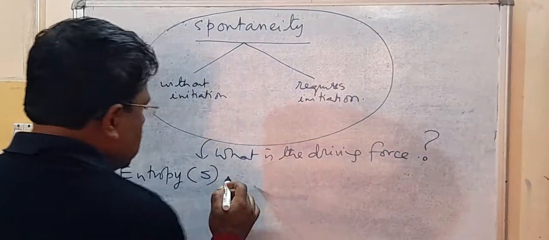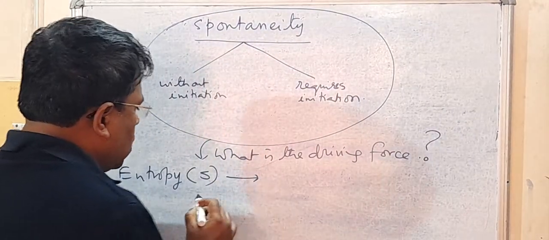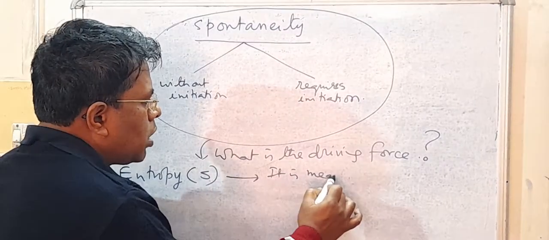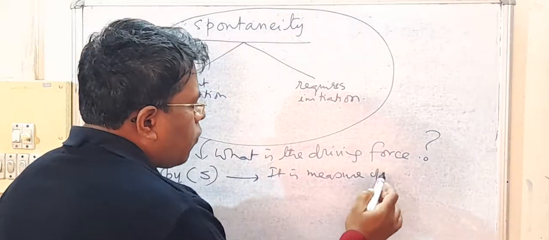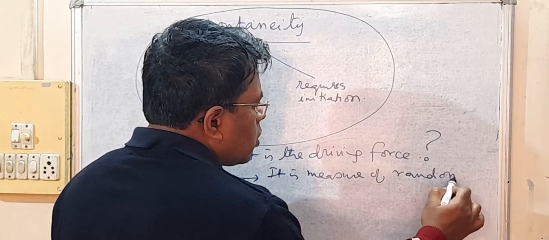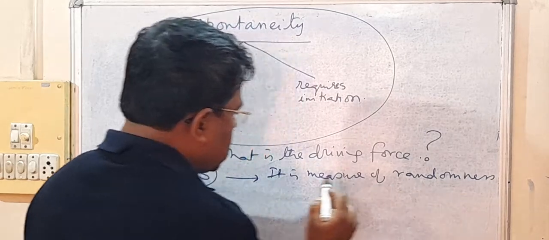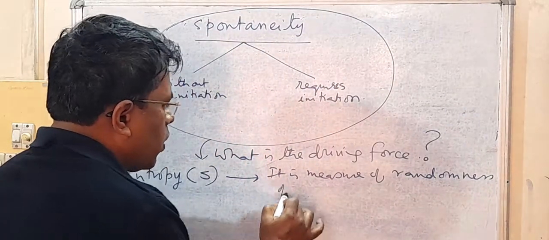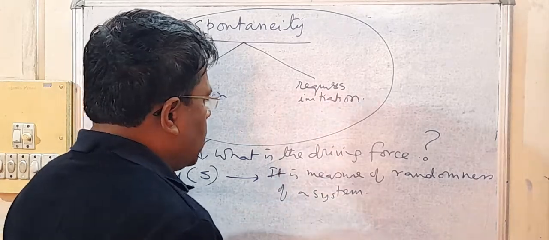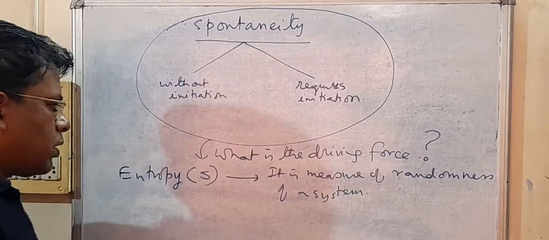Entropy is a measure of randomness of a system. It is a measure of randomness of a system.